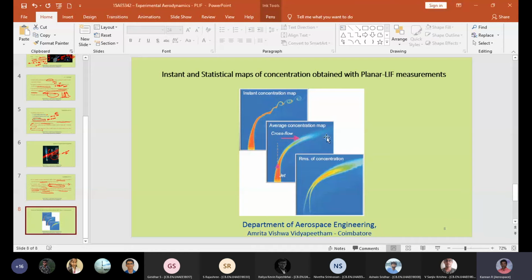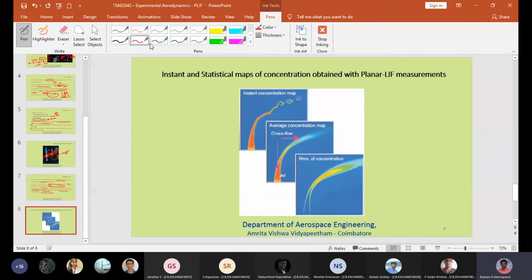For example, let us take the case of u, v, w. The root mean square of velocity is going to be the square root of u squared plus v squared plus w squared, divided by 3.